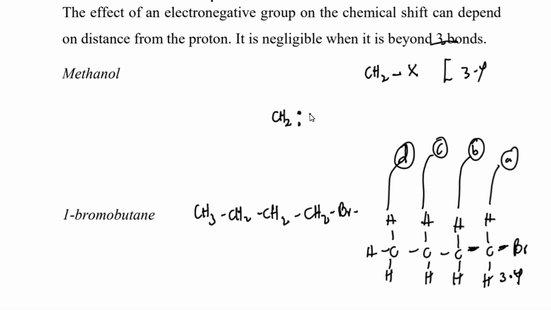But the presence of this will be felt by this. We have 1, 2, 3. So it's going to be, we can call it 1.5, right? So looking at this one is CH2. So it's meant to be 1.3 also. But let's see, would there be an effect? 1, 2, 3, 4. So no effect, it is going to be 1.3, and this one is going to be 0.9. No effect. So that is that.